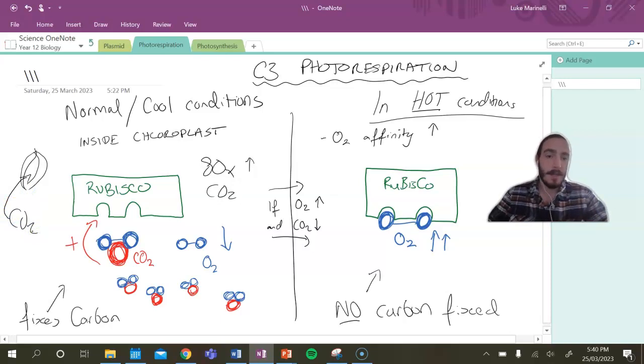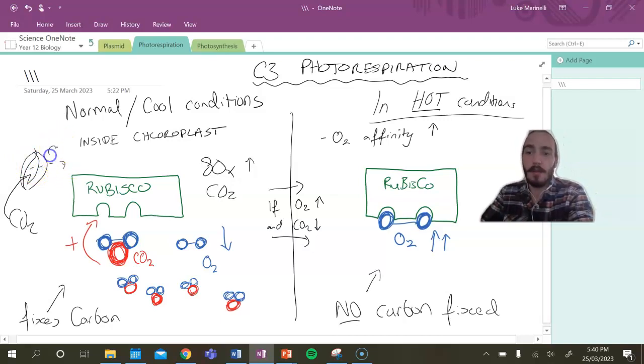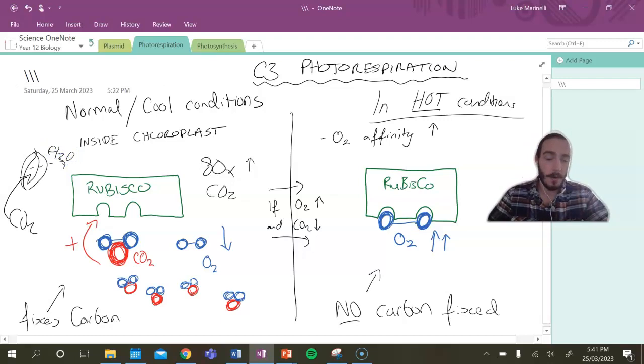Okay. Now, why photorespiration can be an issue in C3 plants is that if we get things like hot conditions happening where we need to be closing our stomata to prevent water loss, because remember, H2O is lost when the stomata are open. Okay, we need to close our stomata so we have no new carbon dioxide coming in.